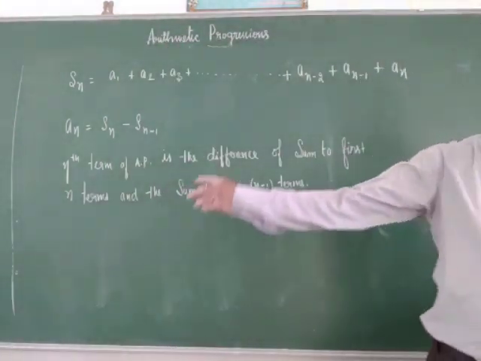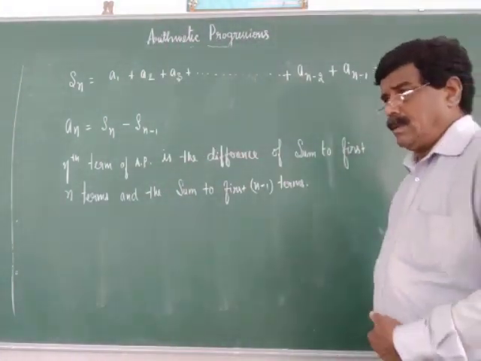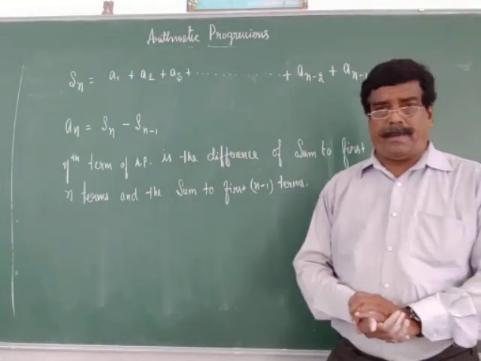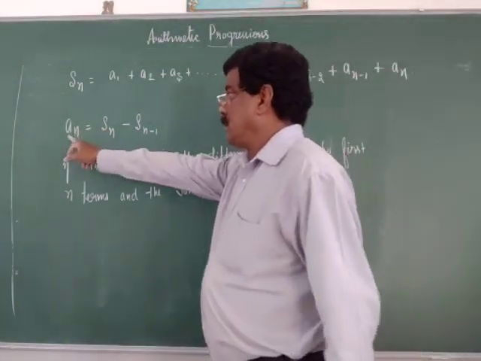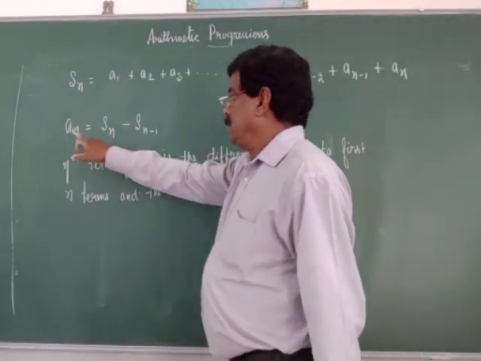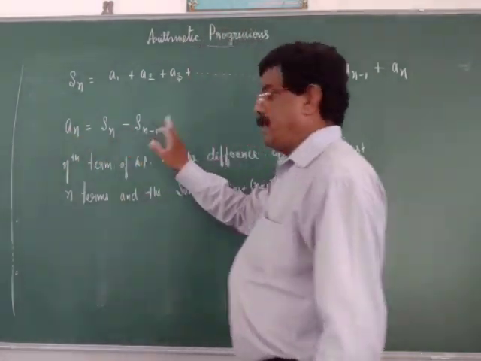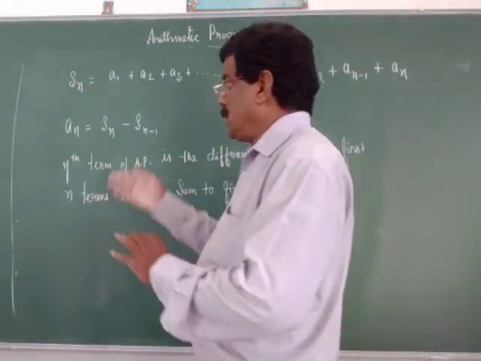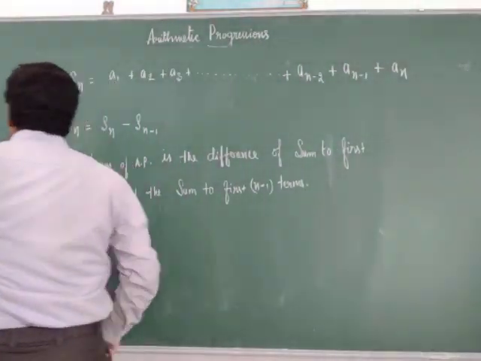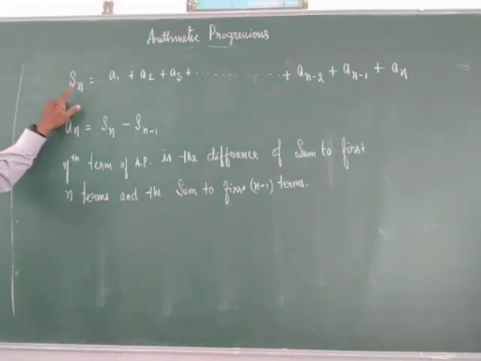Okay, children. Now here is the last concept of AP, which carries 1 mark only. The question is here, this is most important. An is equal to Sn minus Sn minus 1. Now let me explain how this term came. Sn is equal to the sum of n terms of an AP.